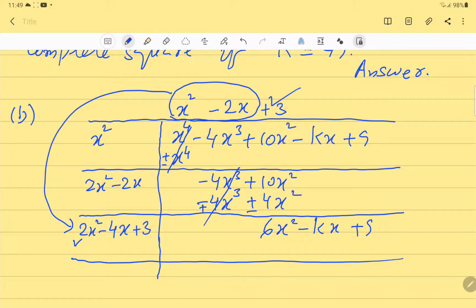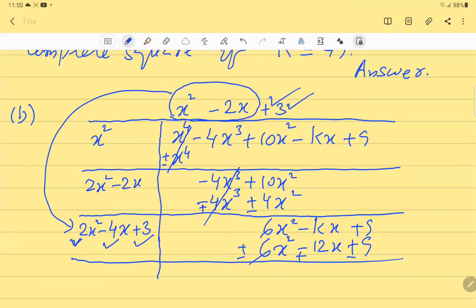So now this 3 we will multiply with 2x squared, minus 4x and plus 3. So 3 into 2x squared is 6x squared. Then 3 into minus 4x is minus 12x. And 3 into 3 is 9.